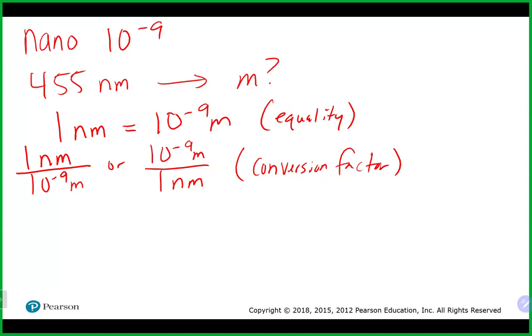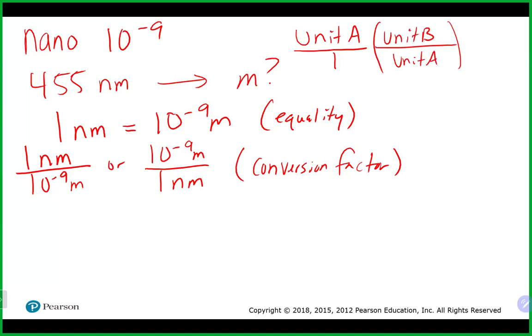It's a very straightforward idea: if I have a unit up on top and I want to get rid of it, you put the same unit in the opposite location. So if I have unit A on top and I don't want unit A but I want unit B, I put unit A on the bottom and unit B on top.